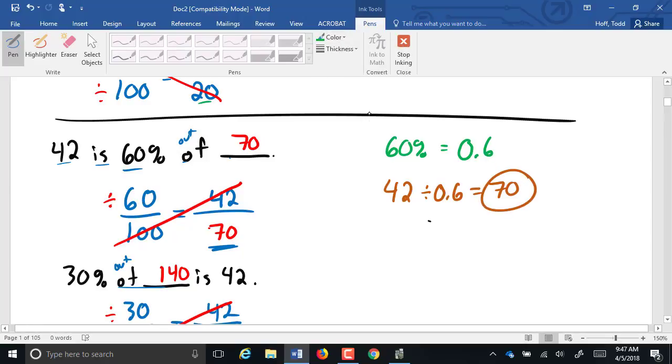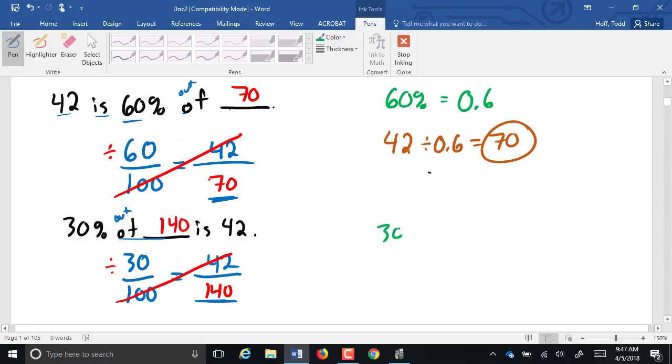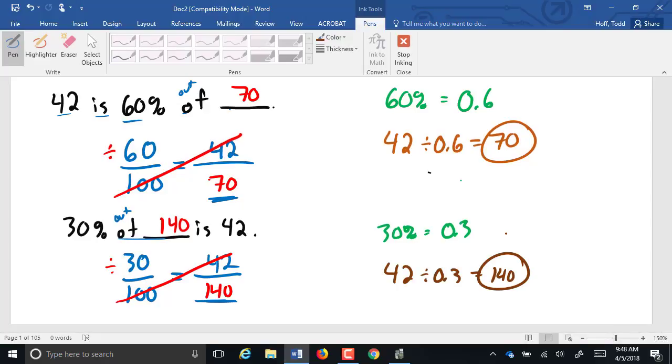Same with this next one. 30% becomes 0.3. That one would be 42 divided by 0.3, which is 140. So you can see if we're going to use that rate method, you convert it to a decimal, but then you also have to figure out whether you're going to multiply by the rate or divide by the rate.